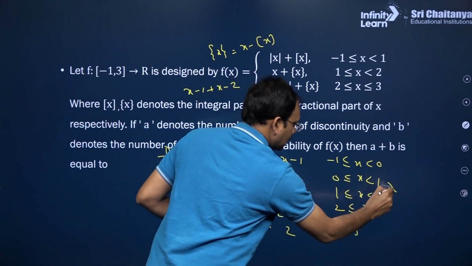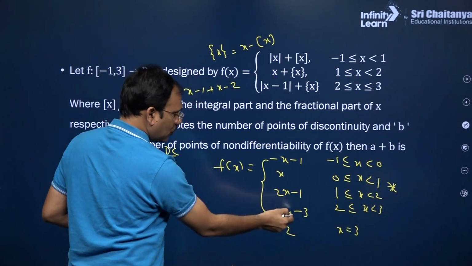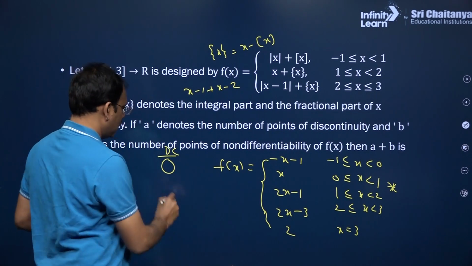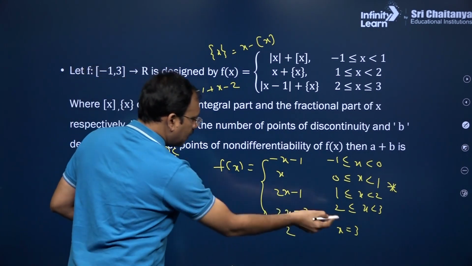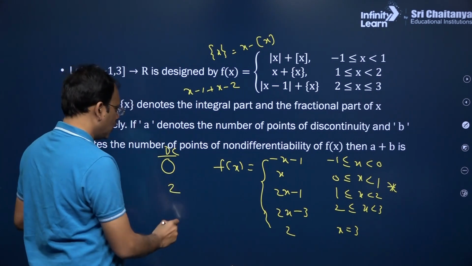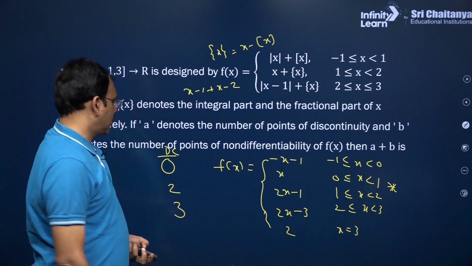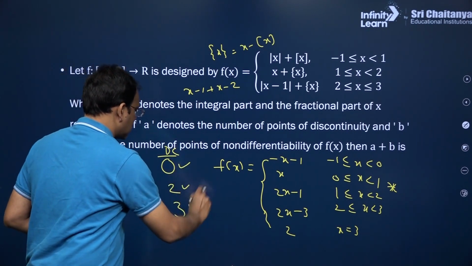At 2, left side it is 3, right side 1, so discontinuous at 2. At 3, left side 6 minus 3 is 3, and at 3 it is 2, so discontinuous at 3 also. There are 3 points where it is discontinuous.